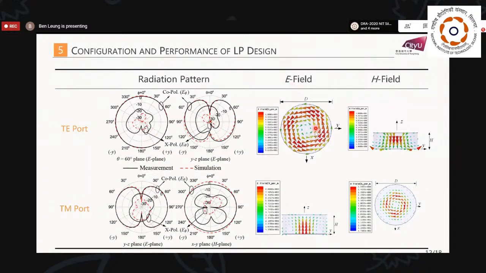For TE port, it is like this. For TM port, it is in the elevation plane. And for H field, it's the reverse. For TE port, it is like this one, magnetic dipole. For TM port, it is like electric dipole.